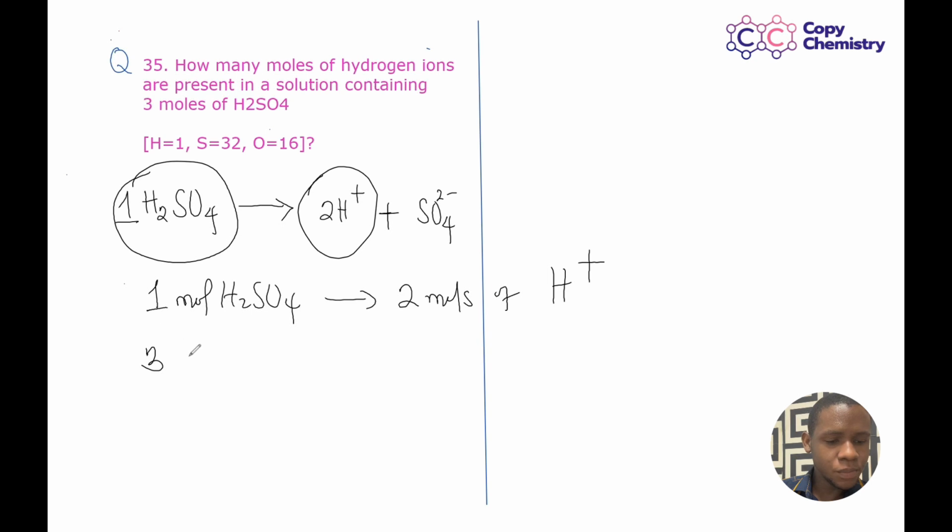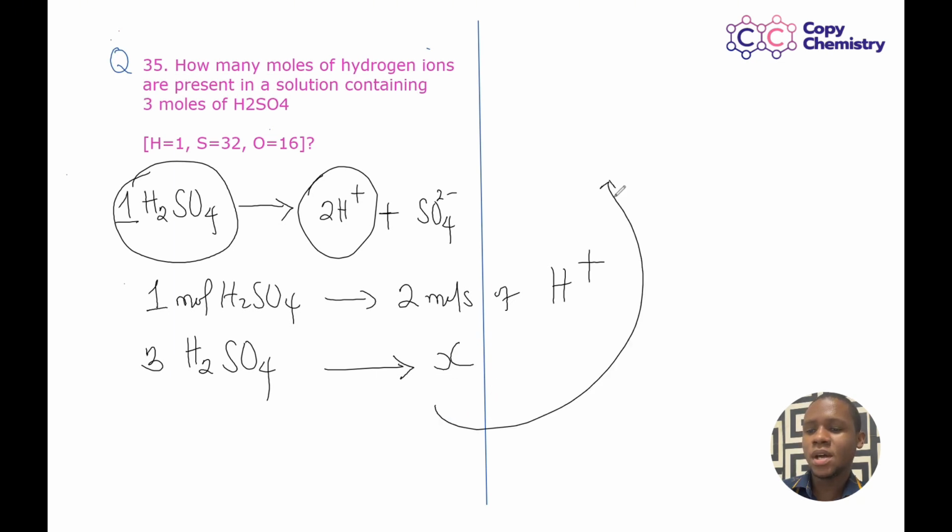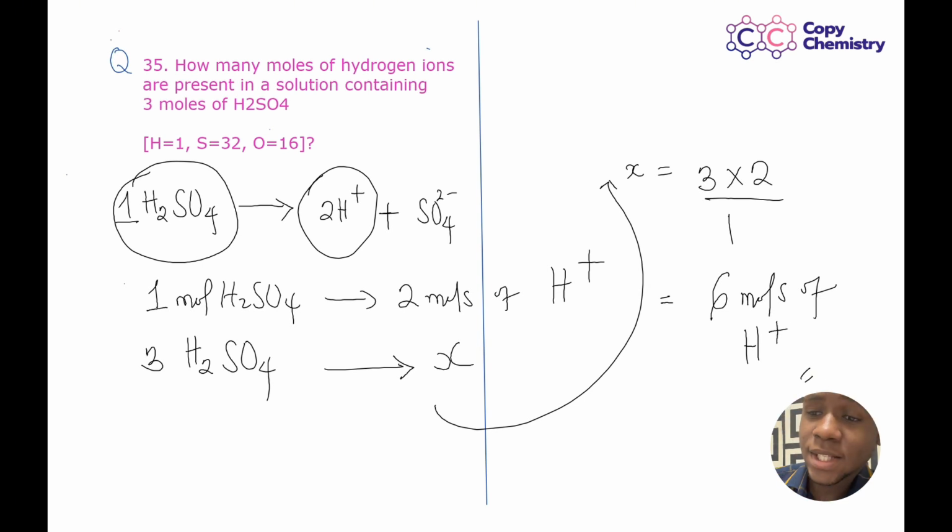Therefore, 3 moles of H2SO4, let us write this way: 3 moles of H2SO4 would give X. And that would mean that X will be equal to 3 times 2 over 1, which is 6 moles of H plus. And that's the answer to the question, guys.